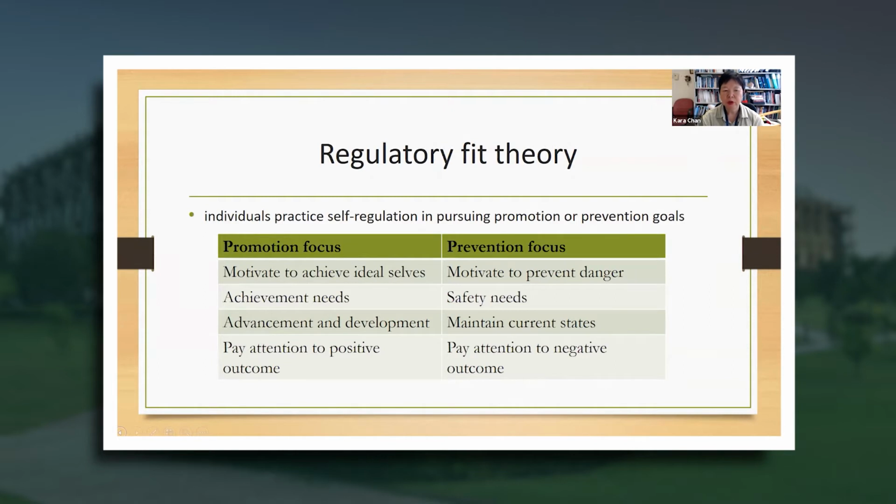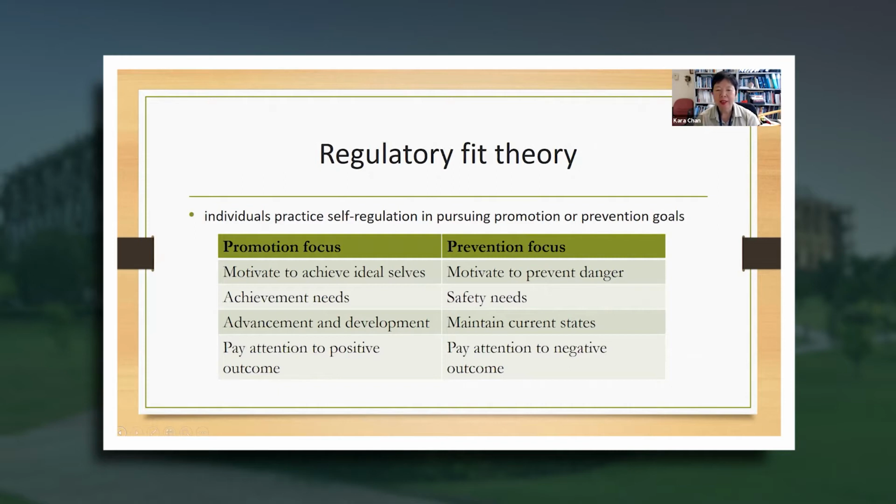For promotion focus, people who are themselves more promotion focused will gear towards achieving their ideal self. They want to self-develop, move forward, learn new things, and pay attention to the positive benefits that they may gain.